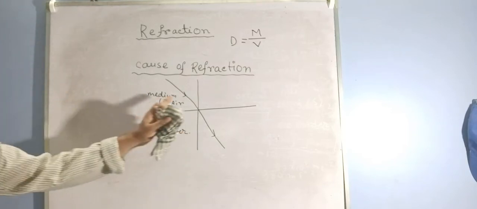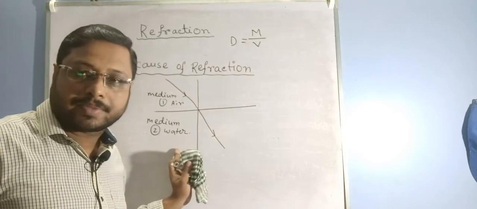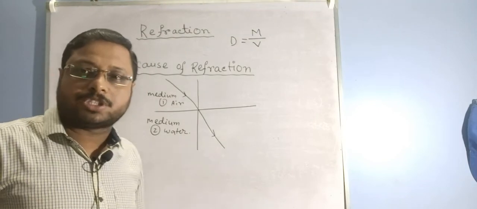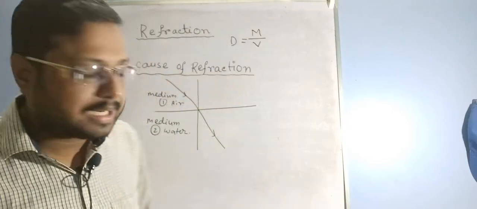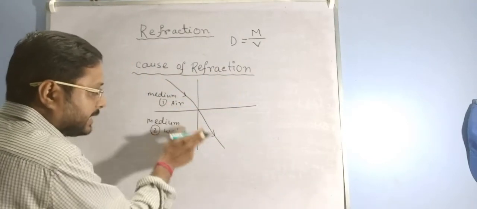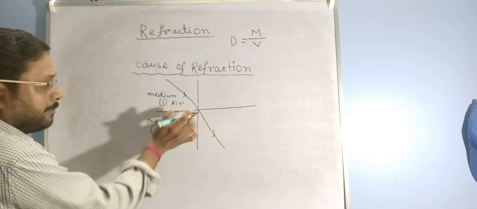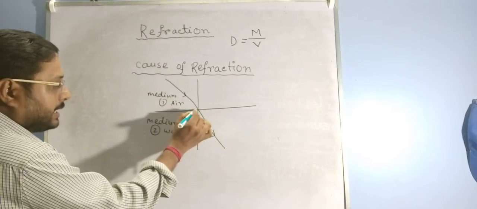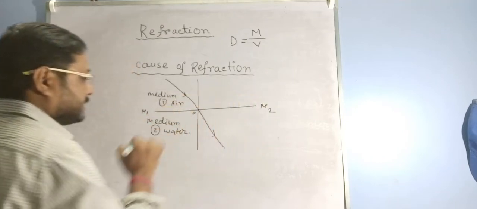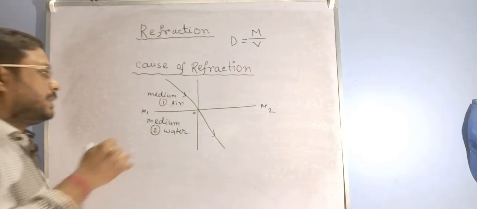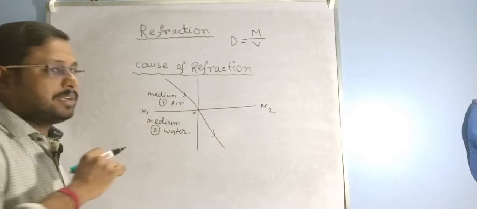So in the air medium and the water medium, the velocity or speed of light is different. So the light changes its original direction and bends at the point of incidence at the surface of the interface. So light changes its direction and refraction occurs.